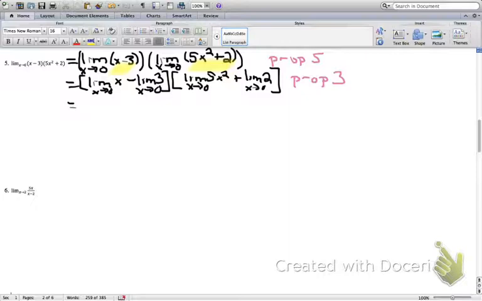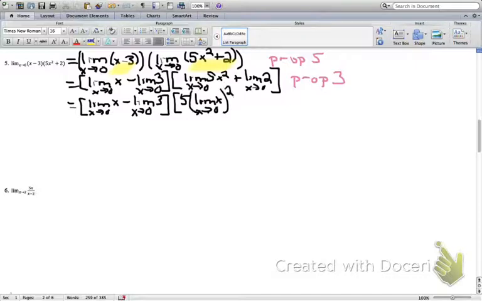We're just going to leave the first part of our equation as is, and we're going to work with the second part. In the second part, we can multiply 5 by the limit of x, and I'm going to do two different properties in here, and we're going to square that all.